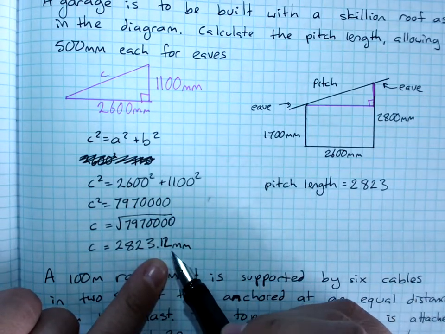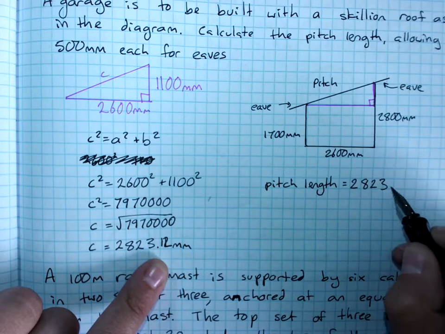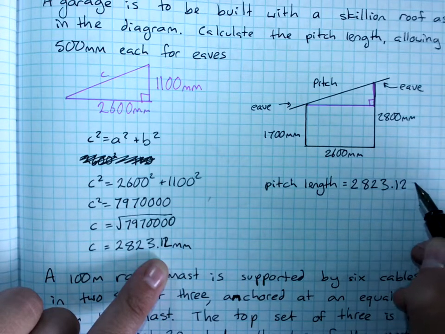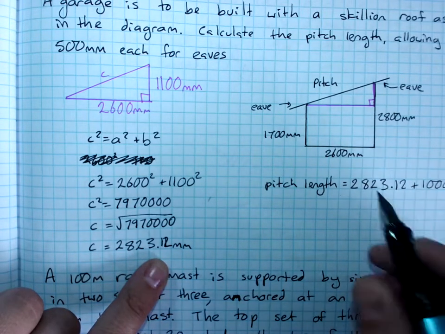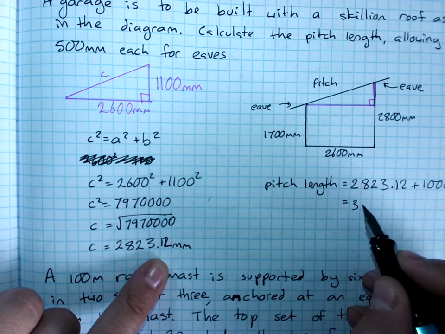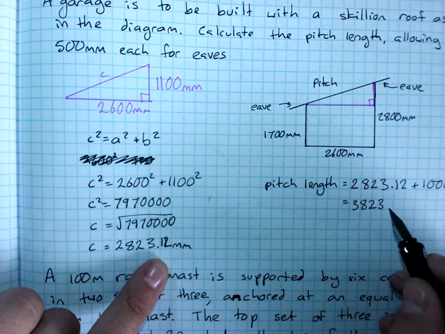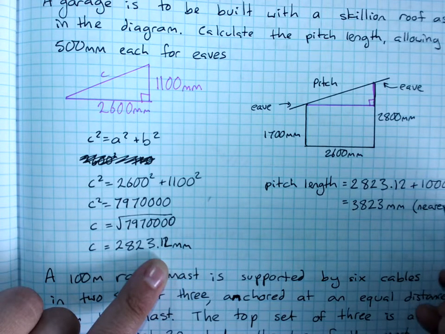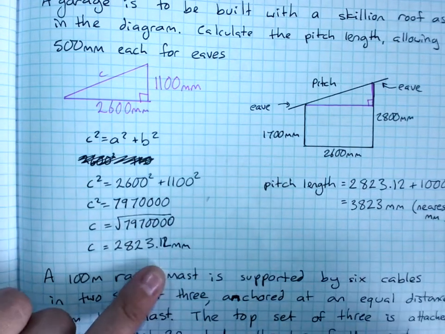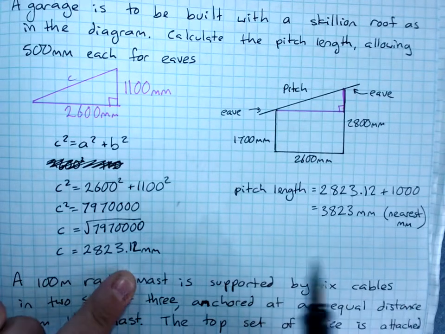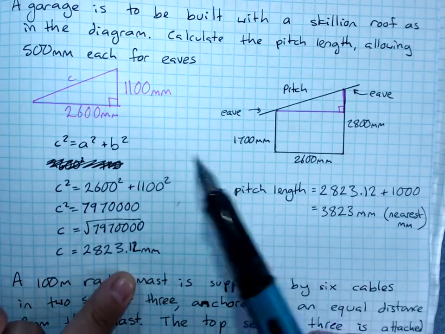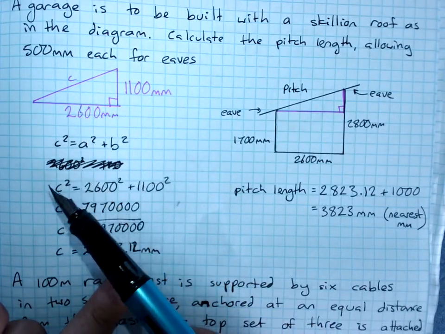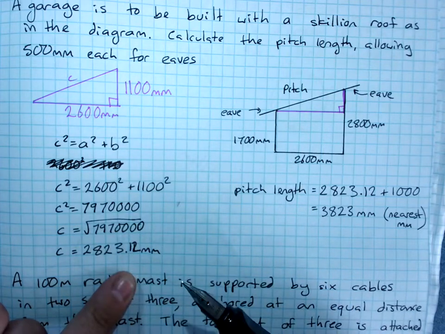So at this point we could round if we wanted, or we could leave it in, add 1,000 millimeters, round to the nearest millimeter, and say nearest millimeter. So you're quite clear about what you're finding at any one time. If you're finding C, something in your diagram should be labeled C.